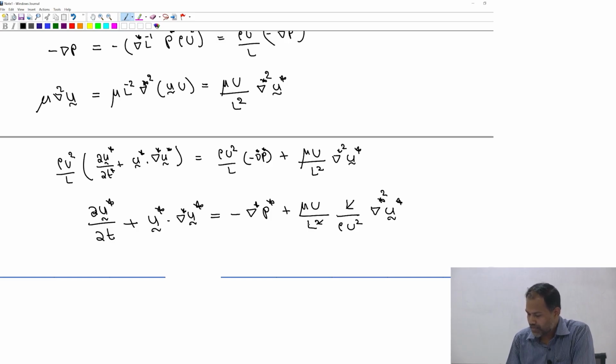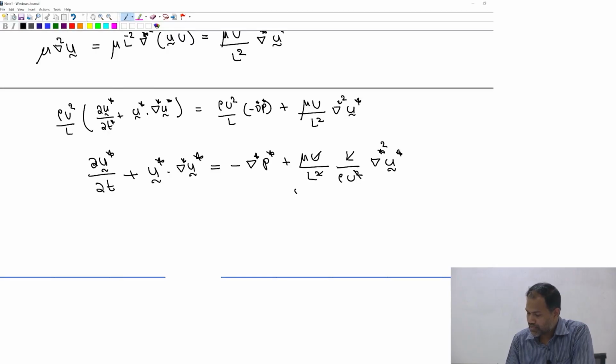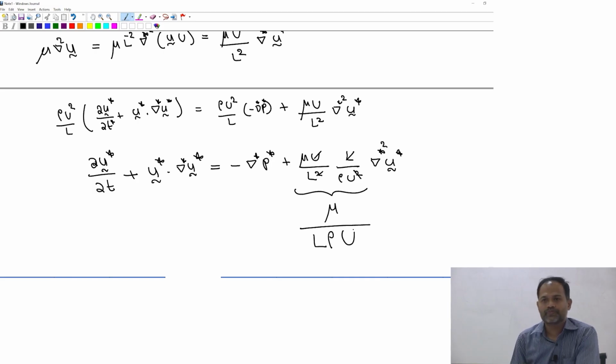So, one L will go, one u will go, and you get this quantity as mu divided by L rho u, right?